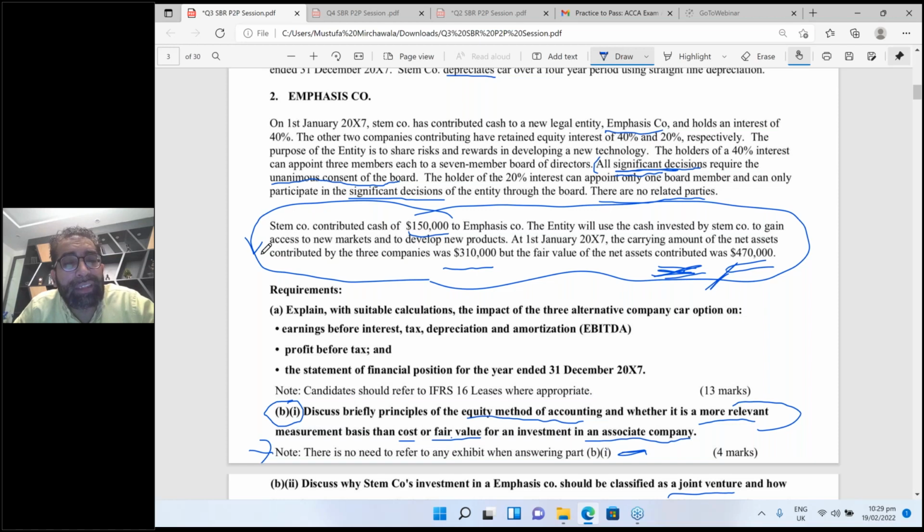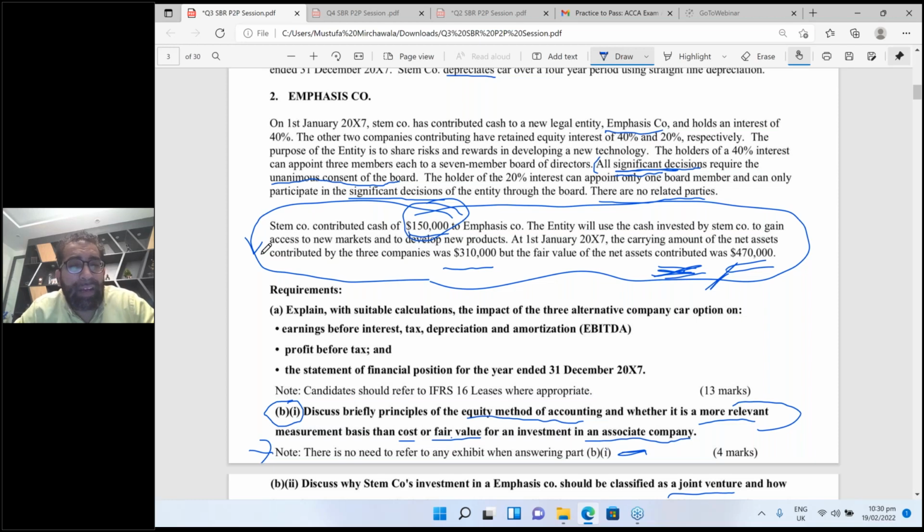So, dear student, I just use these numbers in my calculation. 470,000 multiplied by 40% is 188. That means STEM company got a fair value share of 188 by paying just 150,000. So this is a gain on bargain purchase, and the entries which I just made were perfect.